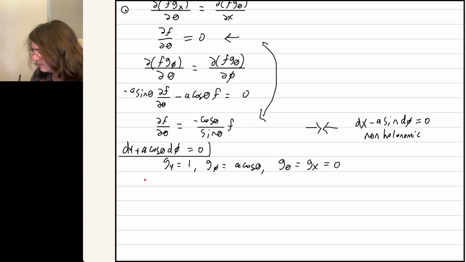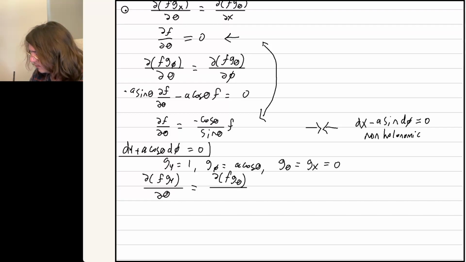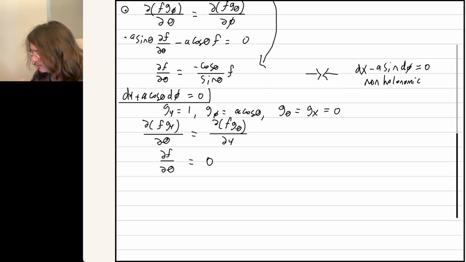So let's first check del f gy with respect to theta, which should be equal to del f g theta with respect to y, which left-hand side should just end up being del f del theta, but the right-hand side is 0 again. So again, we're seeing from one of these relations that the function should not depend on theta.